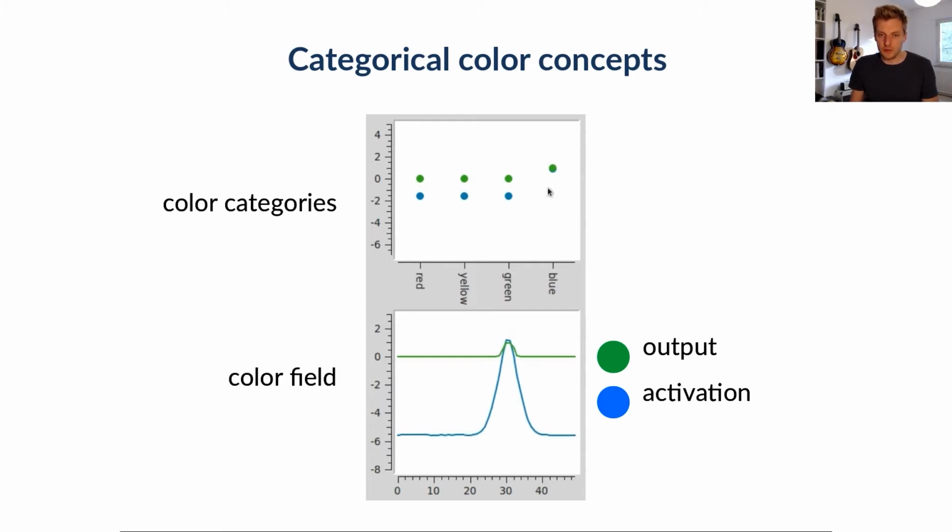And they're neural nodes, so they can be active or not active. And their perceptual meaning is encoded in synaptic connections from every node to a color field. The color field is a one-dimensional neural field that is defined over the color dimension.